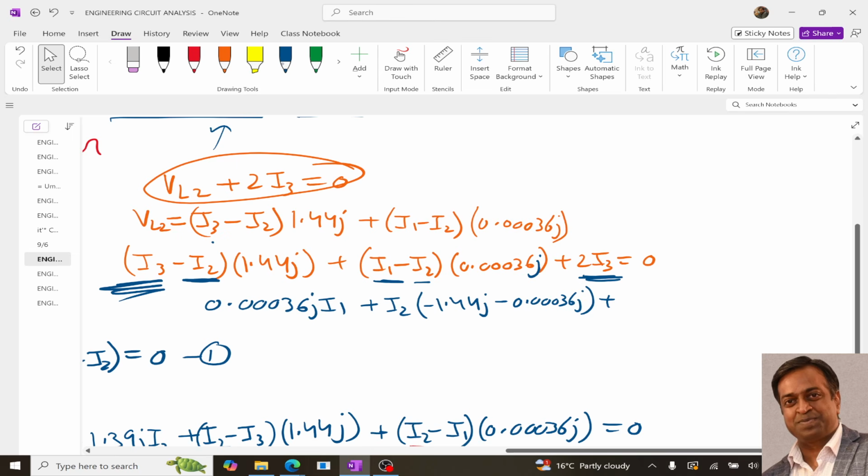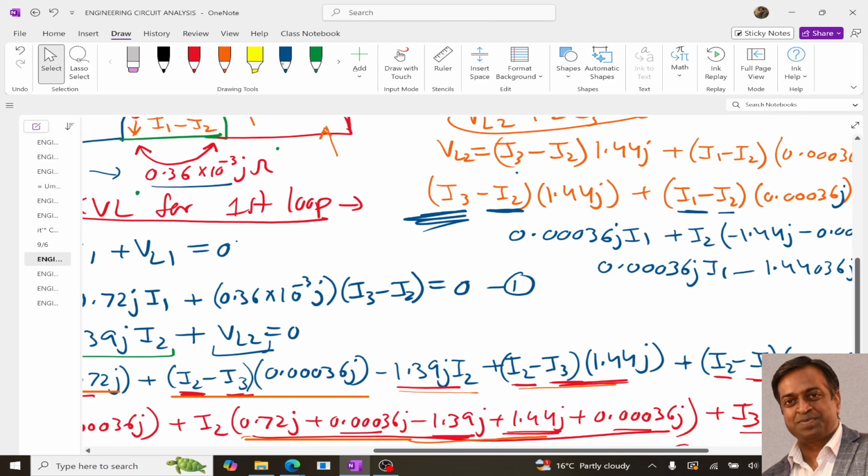So this is the solution to the second part of the question, which says that we need to write the complete set of mesh equations. So these are the three equations, right? Let me show you the complete one. Yes, so this is the first one.